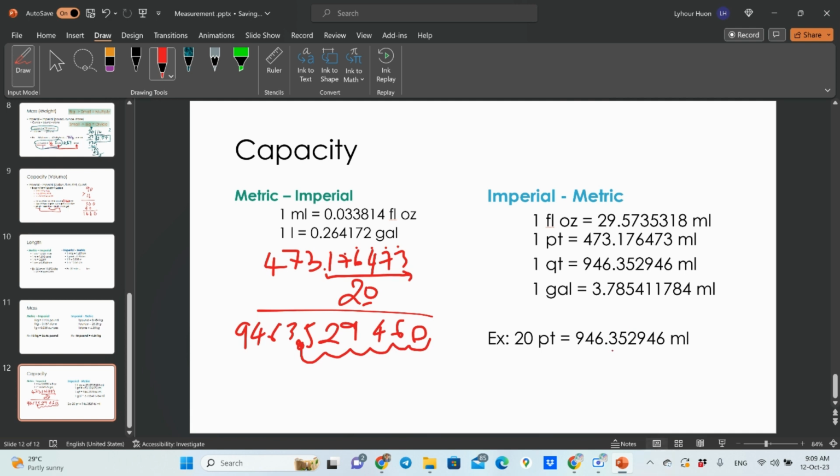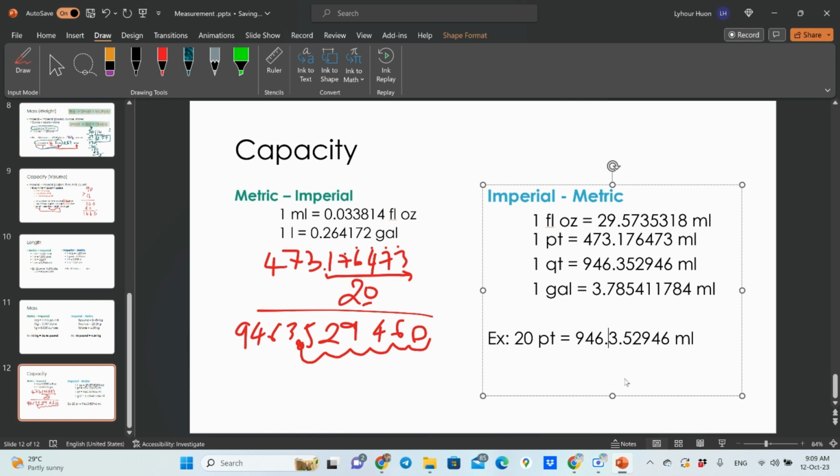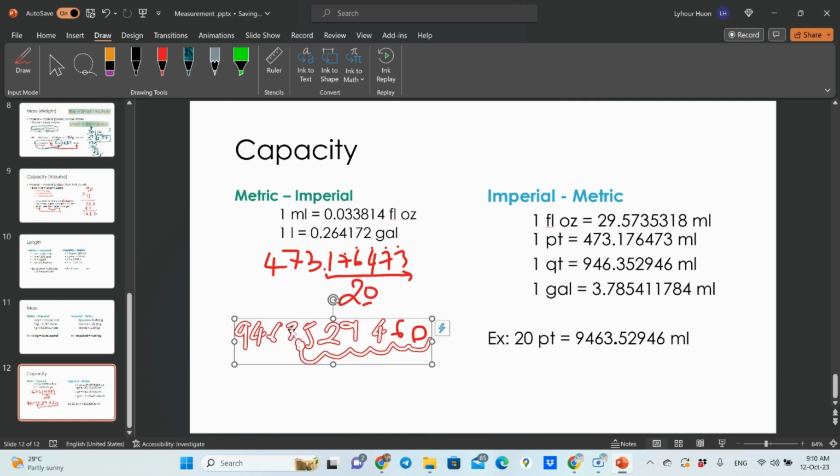So the decimal is here. 9,463.52, something like that. This feels like having the correct answer before you erased it and turned it in.